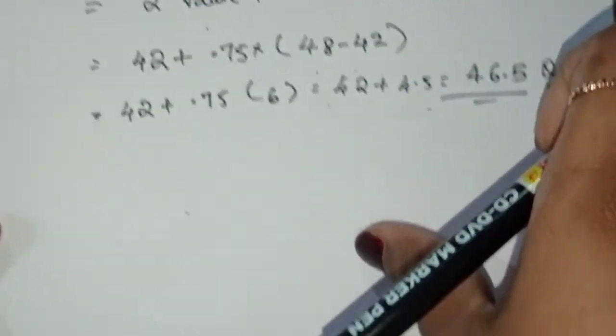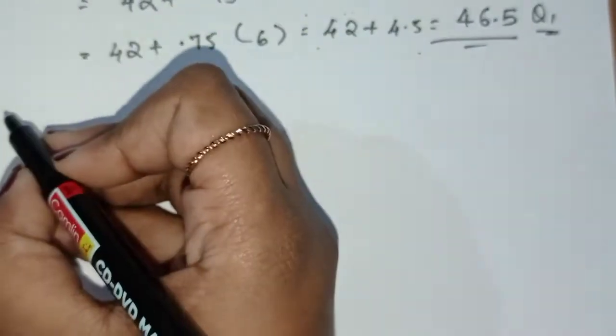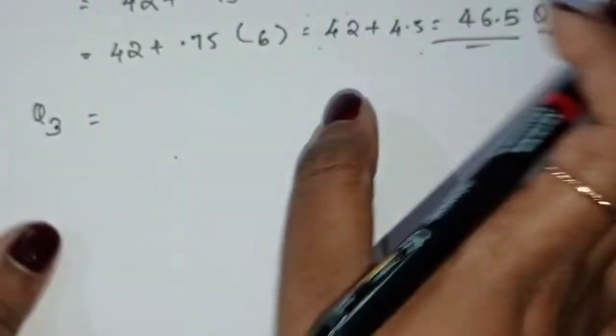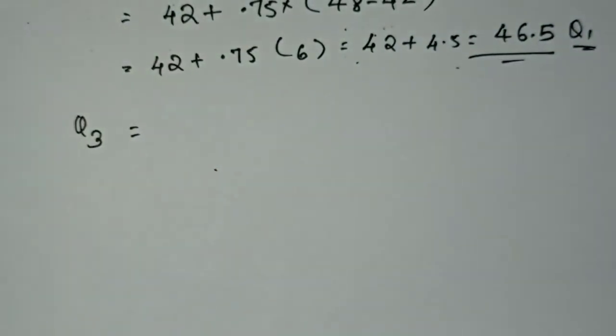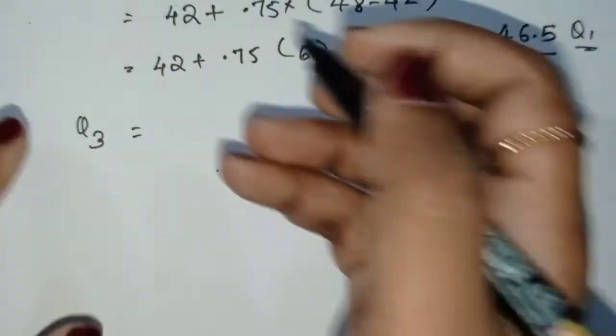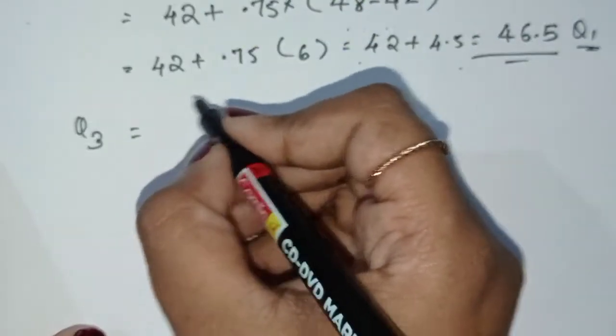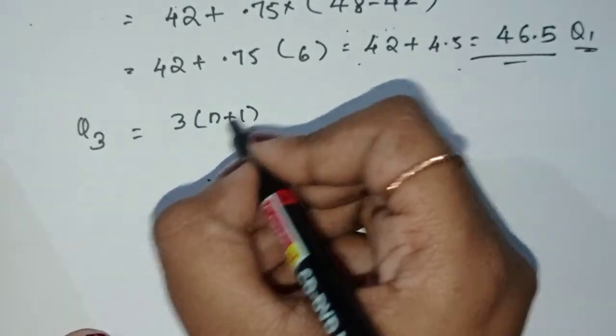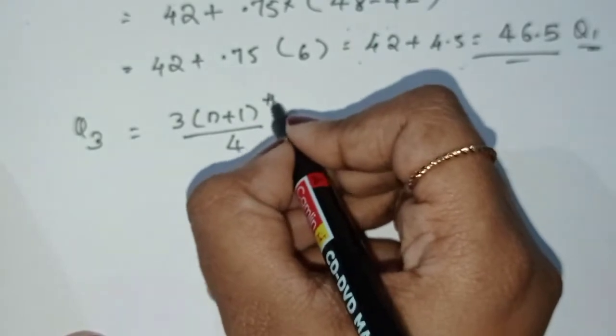I hope you understood. Now next let us find out Q3. So in order to find Q3, what we have to do is, in the (n plus 1) by 4 formula, we just have to multiply it with 3. So that is 3 into (n plus 1) by 4th value.